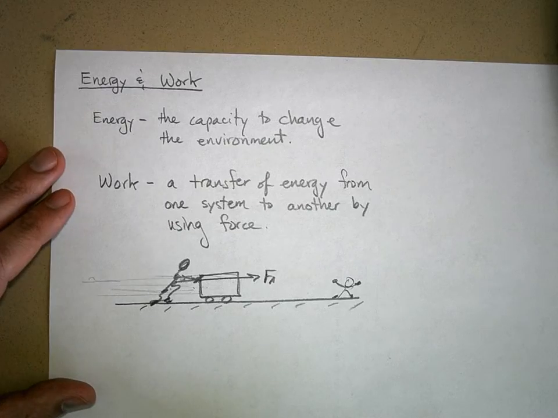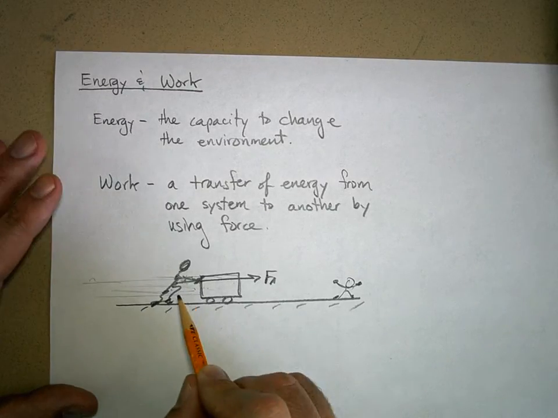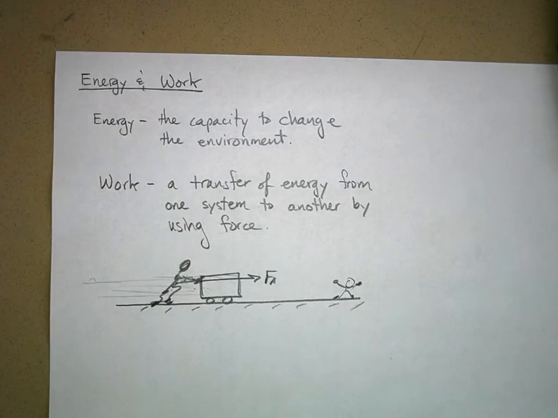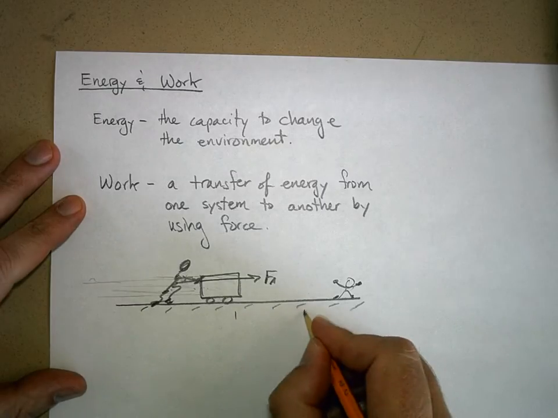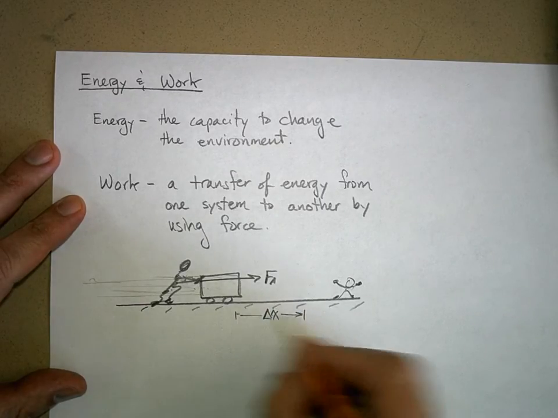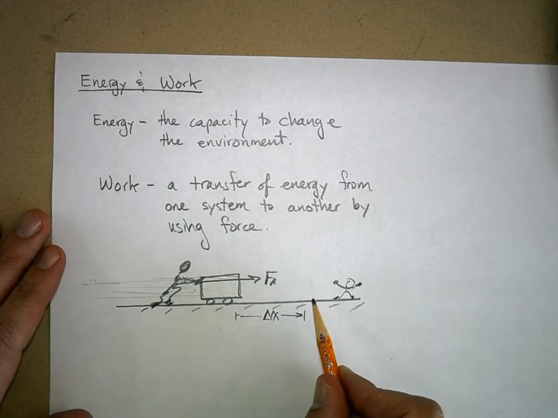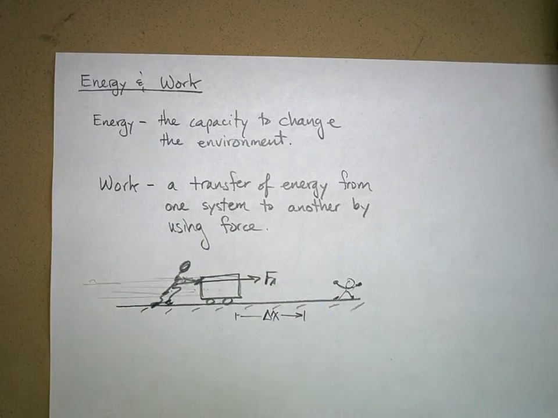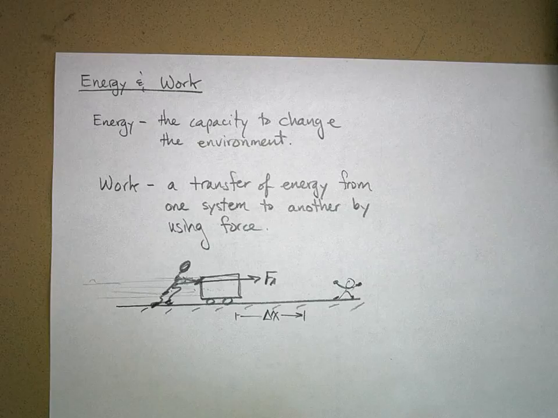In order to transfer energy from their bodies, they have to have chemical potential energy, and that's all biology stuff that I don't understand. But they push on it, and it moves through some displacement. Let's say you push on it through a displacement like this big. If it moves through that displacement, you've transferred energy into it. It now has kinetic energy, and it can make changes to the environment. And you did it by applying a force through it.